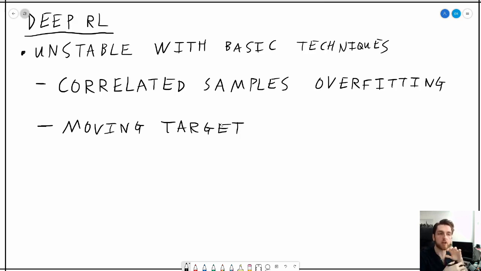But if your policy is changing rapidly, as it may be if your network is unstable, or if you're using online learning, in reality, you're probably not sampling the on-policy distribution perfectly because the policy is changing, and therefore the state distribution is changing along the trajectory.